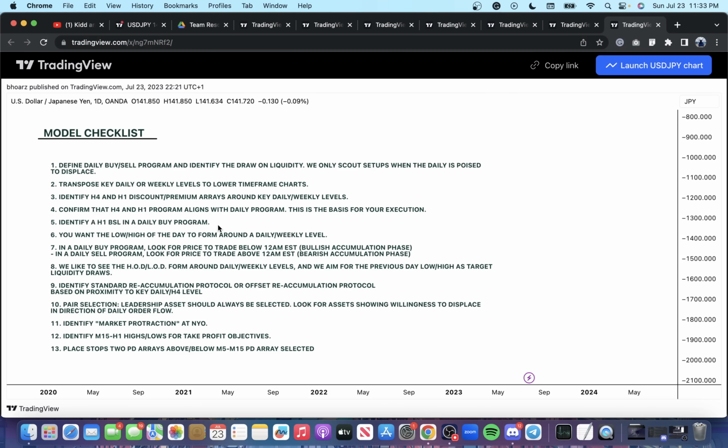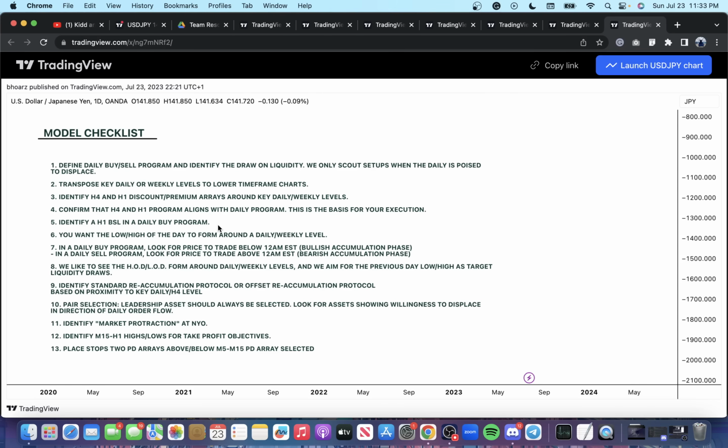You're looking for a 1-hour buy side liquidity or 15-minute buy side liquidity for a daily buy program, and then you just flip this for a daily sell program once your 4-hour and 1-hour program aligns. Okay, you want the low or high of the day to form around a daily or weekly level.